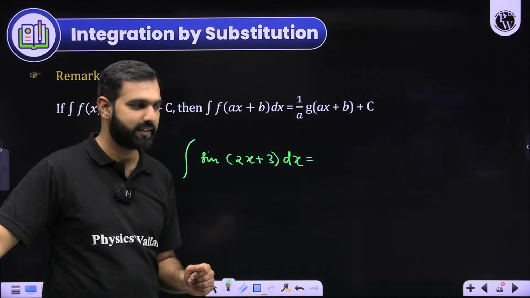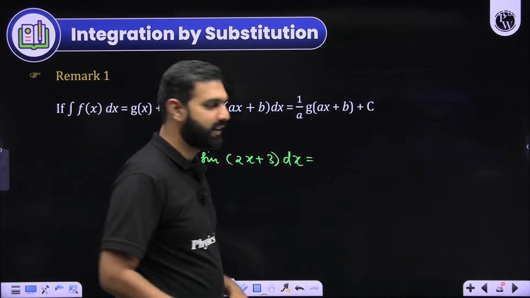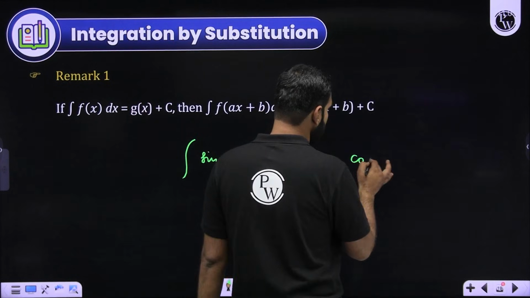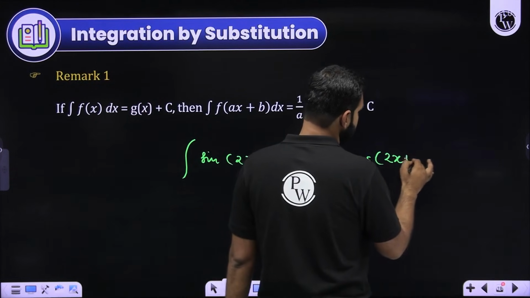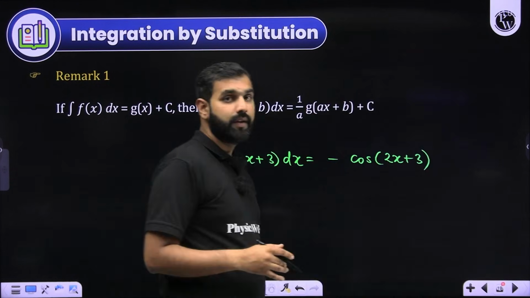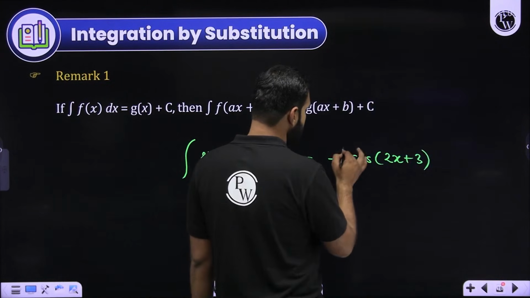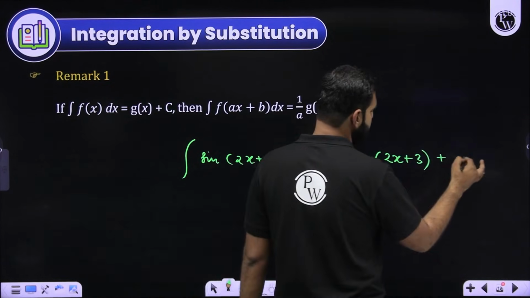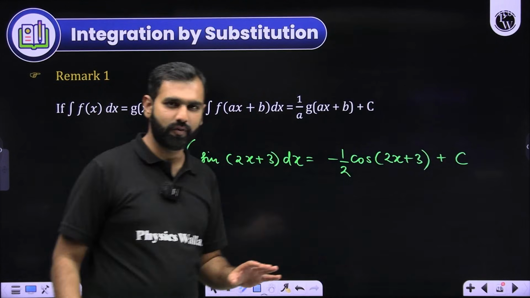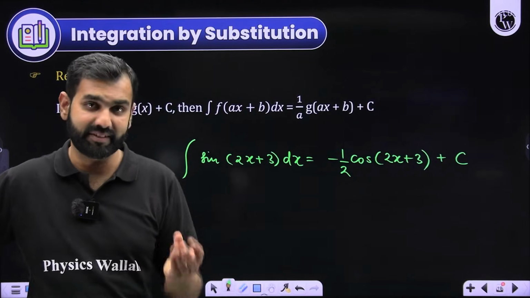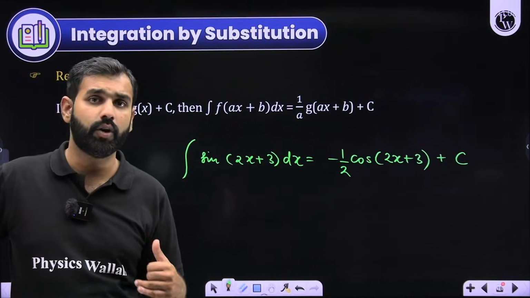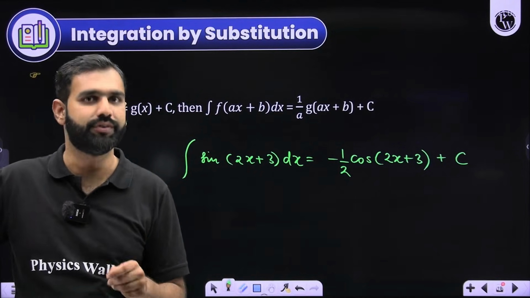So sine of 2x plus 3 when integrated gives you minus cos of 2x plus 3, and here the coefficient of x is 2. So you need to divide this expression by 2, so you'll append a 2 here, plus c. This is a very standard phenomenon which you must have studied in 11th standard in physics as well, and here also in 12th standard in mathematics.